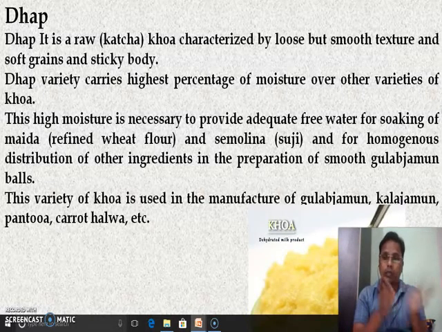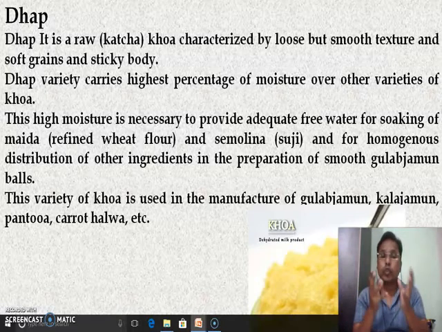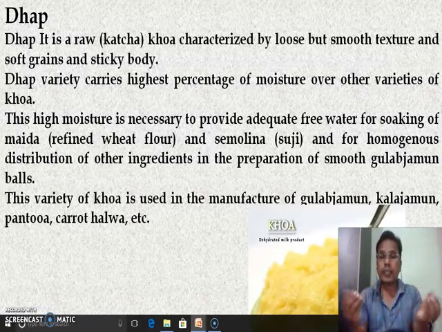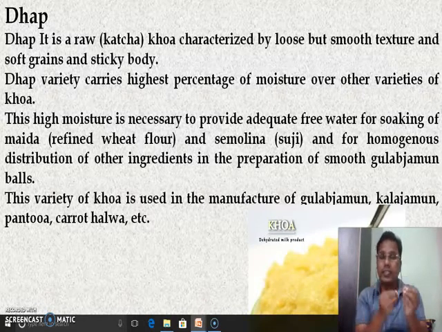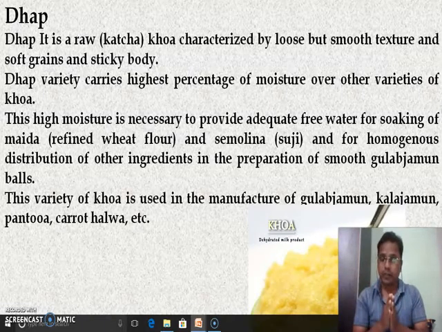So when I said the free water is necessary to soak the maida, in this way you can easily understand that this type of Khoa, that is the Dhap, is used for gulab jamun preparation.